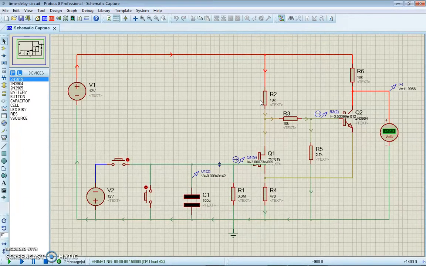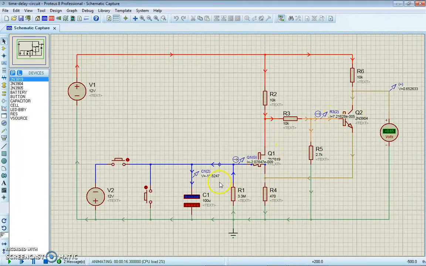In this condition, there is no current flowing into R3, hence Q2 does not conduct. We try to push S1, and it can be seen that current flows into C1 before flowing into terminal G of the FET. This turns Q1 off. There will be no output from Q2 for approximately 10 minutes.